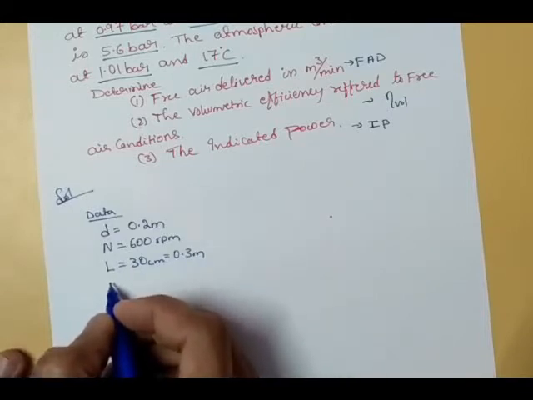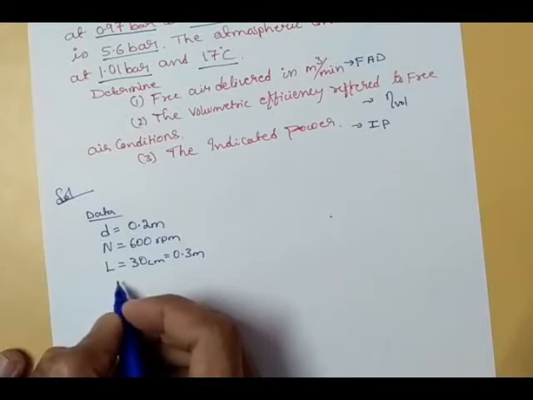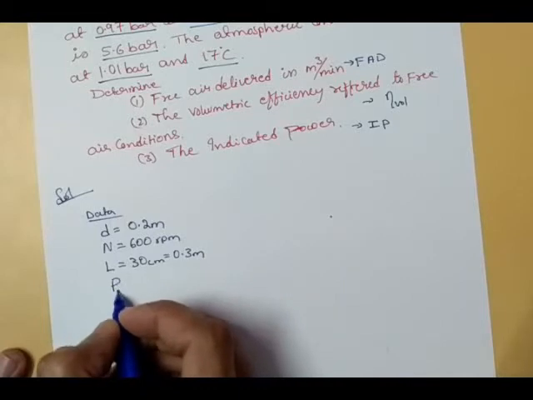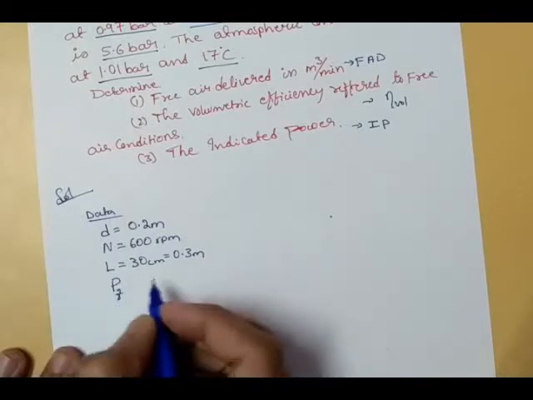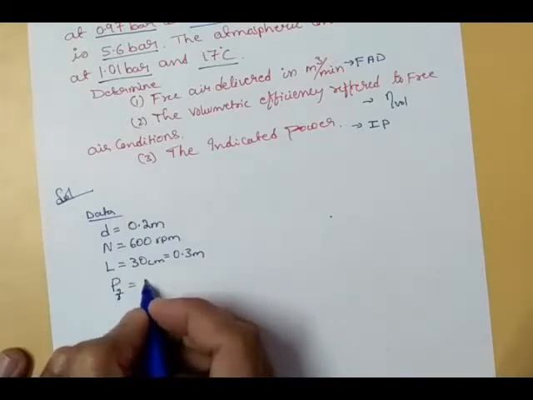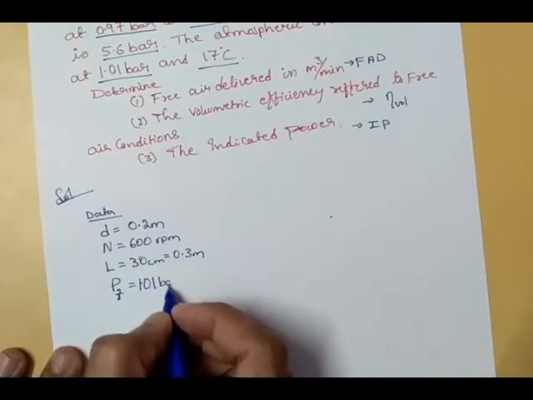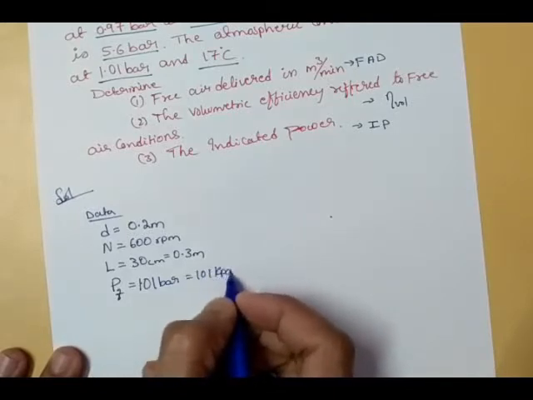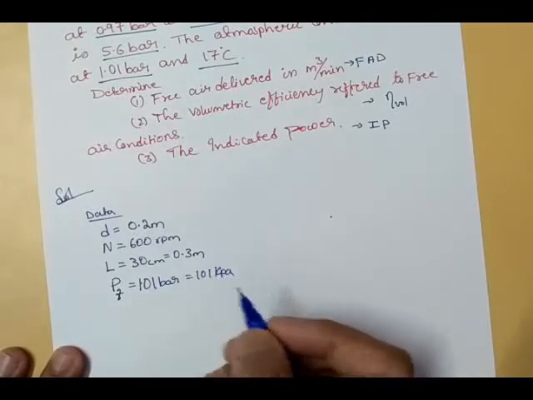Then atmospheric conditions, I will write it as free air conditions, PF, that is 1.01 bar, that is 101 kPa.